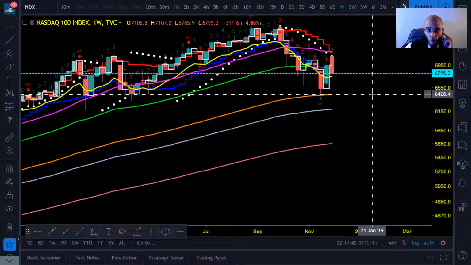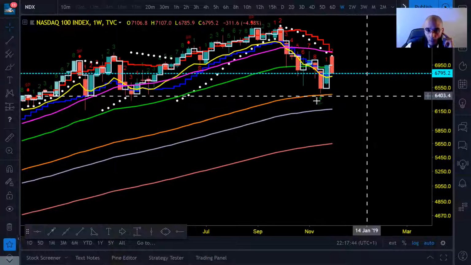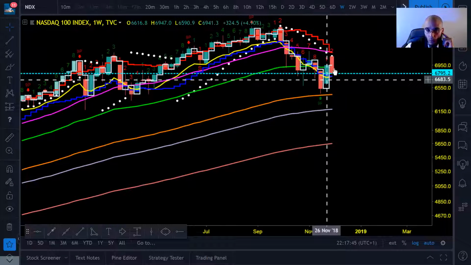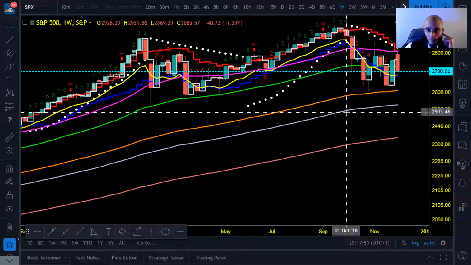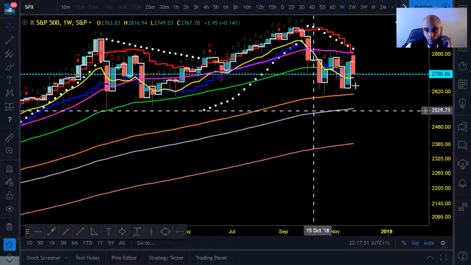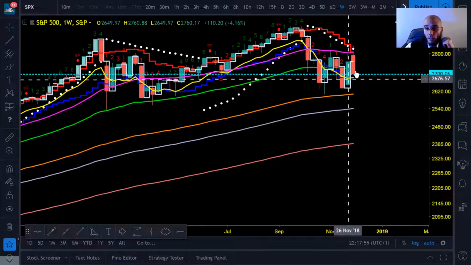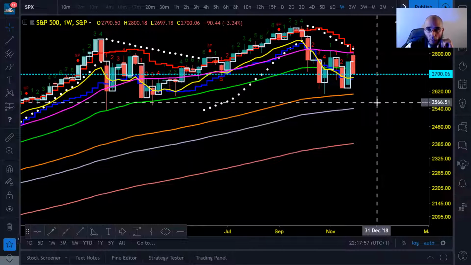And the same thing for the Nasdaq. You had a 1-2 candle reversal, but now it looks like you're going down again. S&P, you're on a 1, so you should be in cash and see what happens.